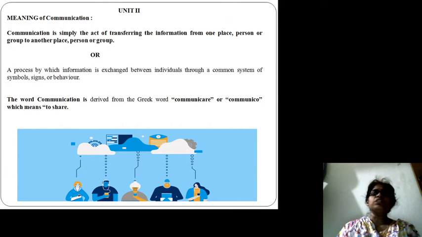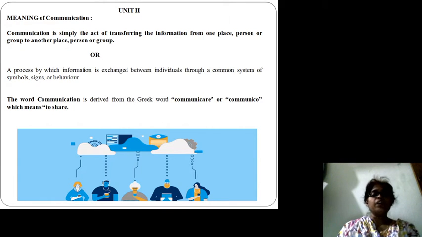When two friends are communicating, it means what? They are talking to each other, and in that particular discussion, in that particular talk, they are exchanging, communicating, transferring some ideas, some thoughts, some views, some information between them.